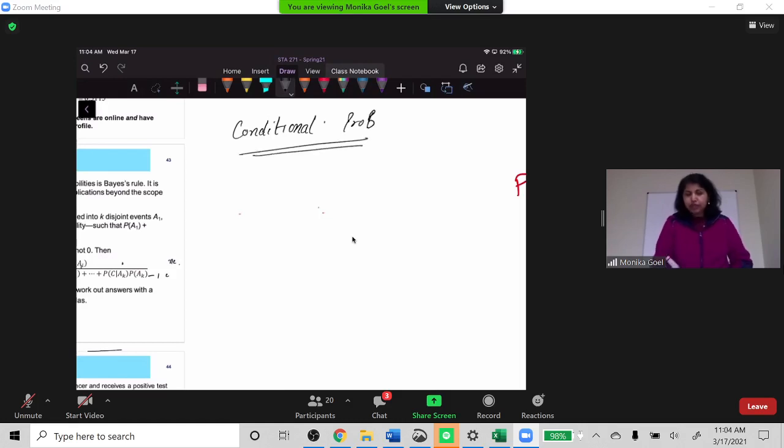Let's say we have two events A and B, and we are looking for the probability of A, and we know that event B has already happened. So we are looking for the probability of A under the given condition that B has already happened.